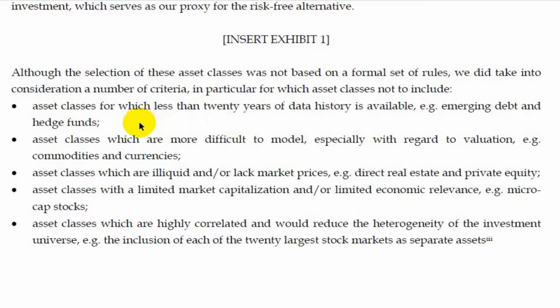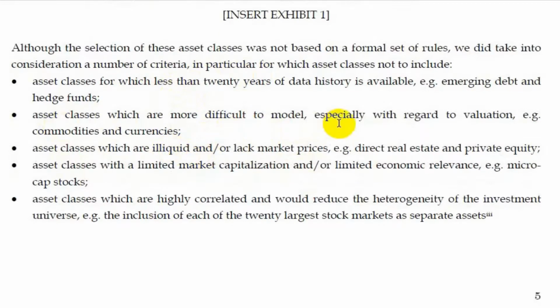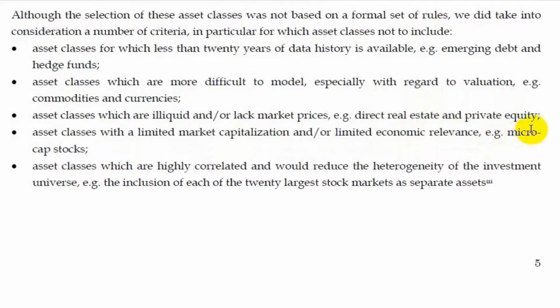For instance, there needed to be at least 20 years of data. They didn't include asset classes that are tough to model, for instance commodities and currencies. They didn't include illiquid securities or those that have a lack of market prices, for instance direct real estate or private equity. And they didn't include micro cap stocks.